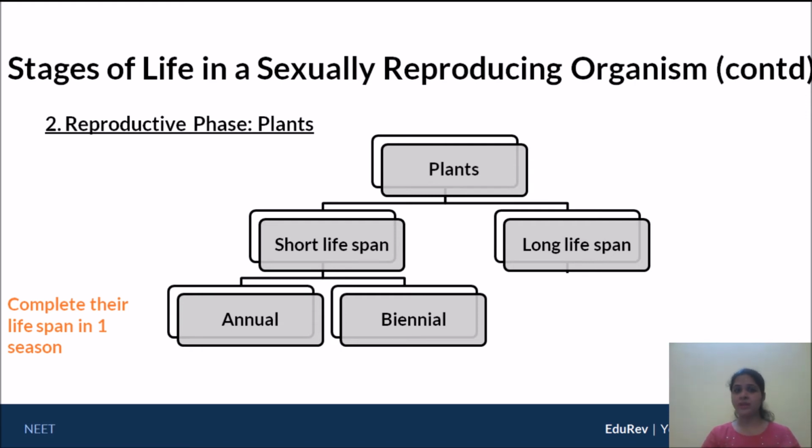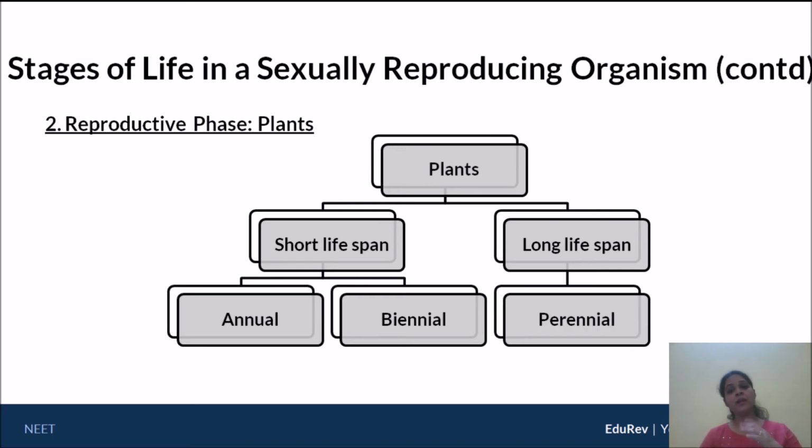So in one entire season, this plant lives and dies. That's an annual. But in a biennial, the word bi tells you that two should be involved. It completes its lifespan, from seed to death, in two growing seasons, maybe the rainy season and a little bit of the winter. Now, these are plants with short lifespans, everything occurring within a year or so, to say.